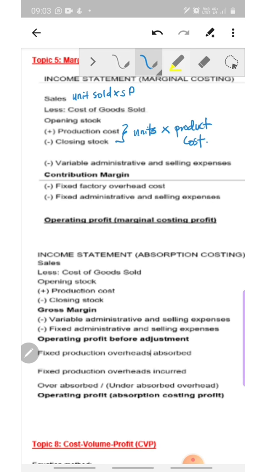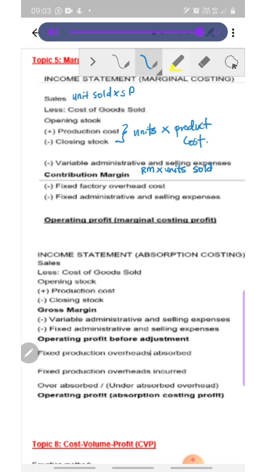Variable admin and selling expenses is the RM given in the question times units sold.